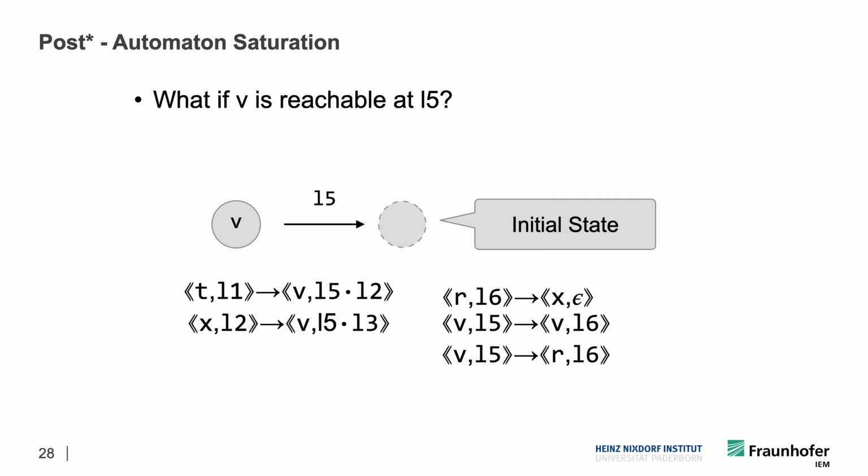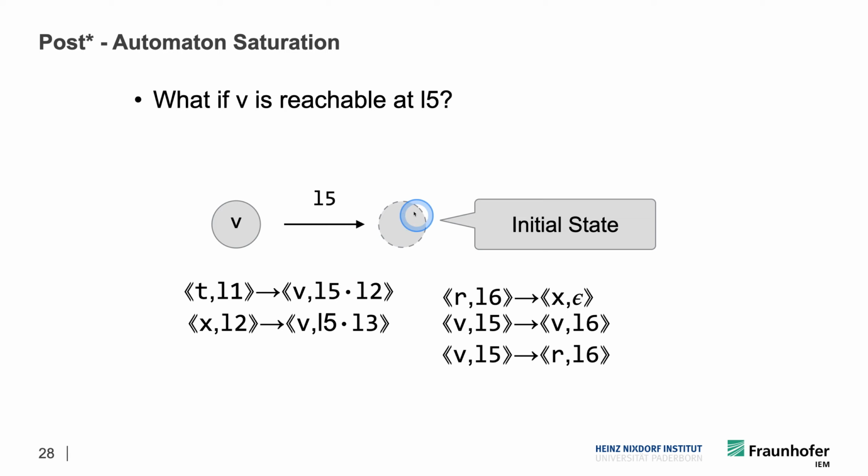That means you always start with some initial automaton that models some initial analysis configuration. And then this automaton is saturated through a fixed point iteration according to these rules until you cannot do this any further.